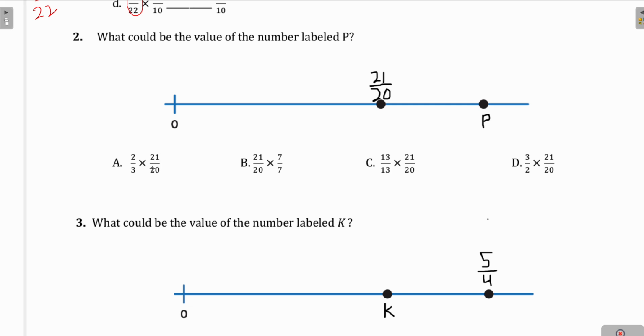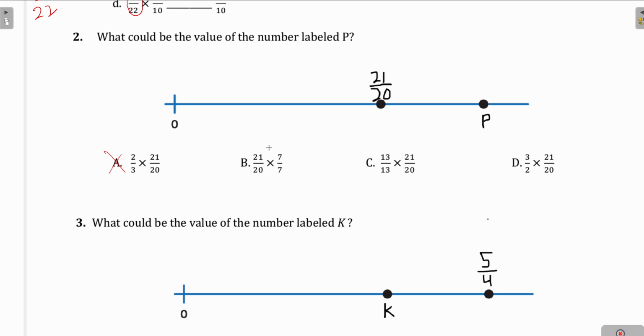Well, it's 2/3 of it, so it's not the whole thing. It's going to be on this side, so it's not this one. Because 2/3 of it is going to be over here, less than. Here we have 21/20 times 7/7.